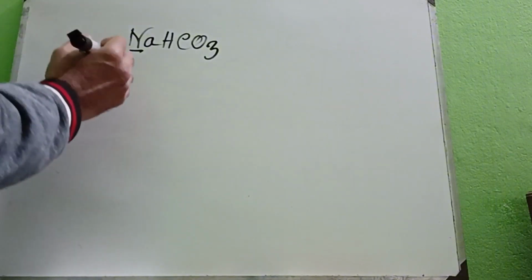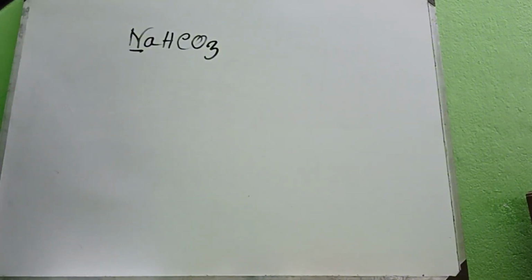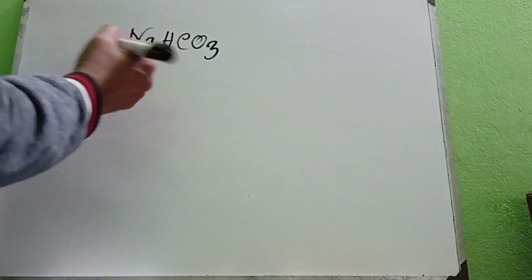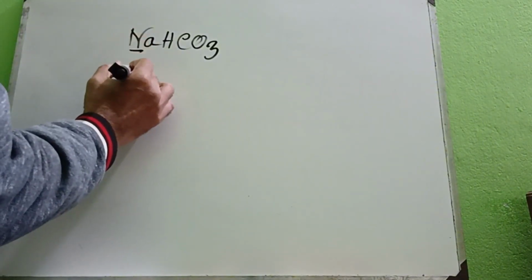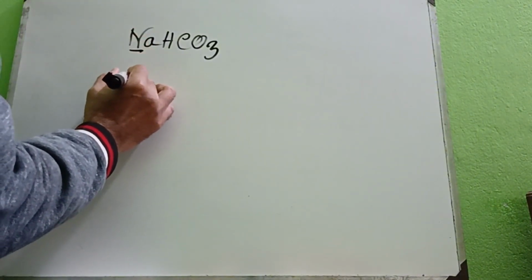Now we find out valency of hydrogen. So we have to write X instead of hydrogen. Valency of sodium equals to 1.